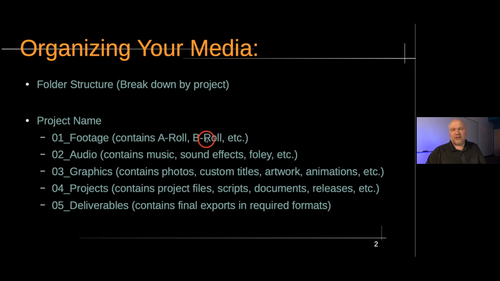B-roll is used to illustrate whatever is being talked about with the A-roll. If you have a person being interviewed, that would be your A-roll, and what they're talking about would be your B-roll. So if the person was talking about their classic car and describing it, then the B-roll would be the shots of the classic car, what they're describing, okay?